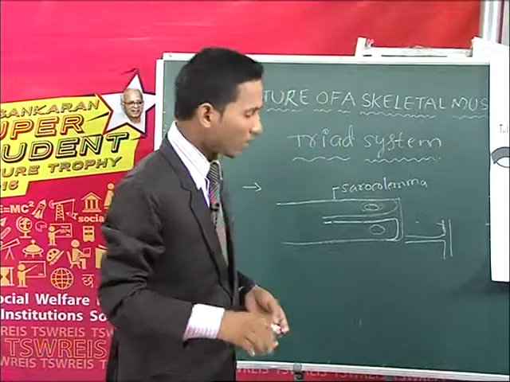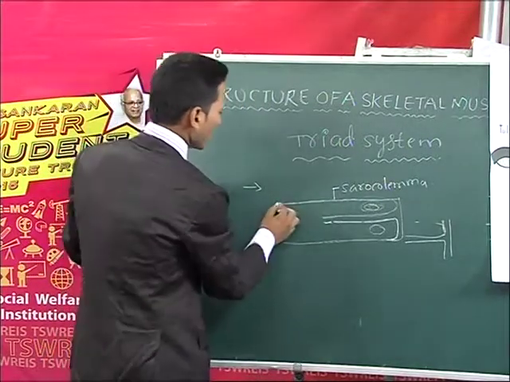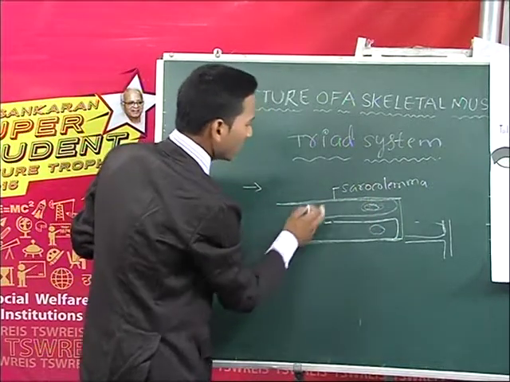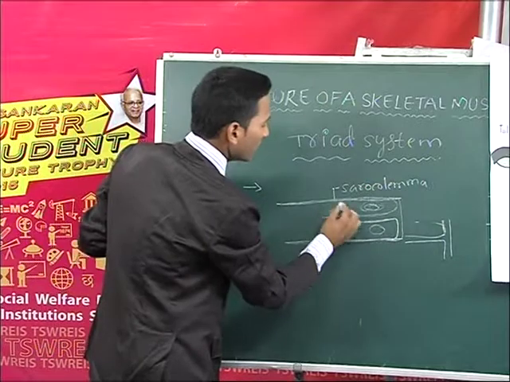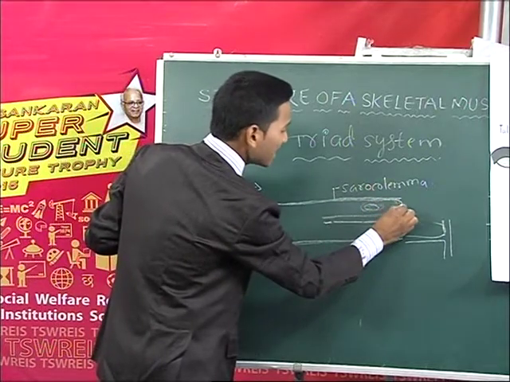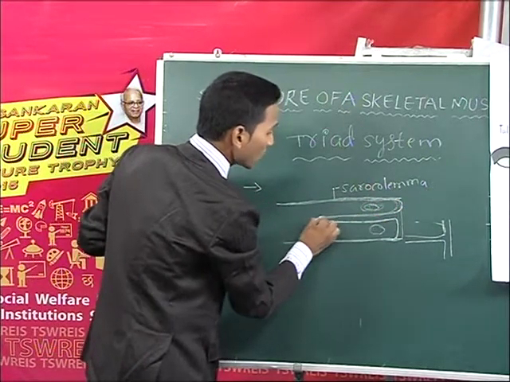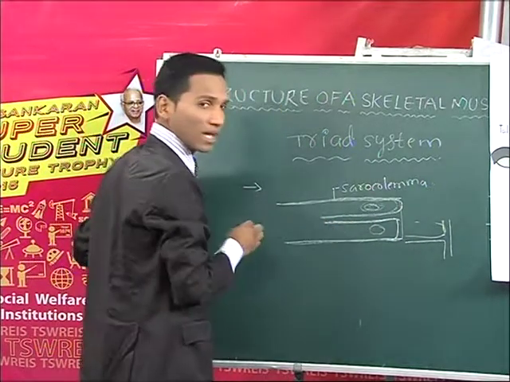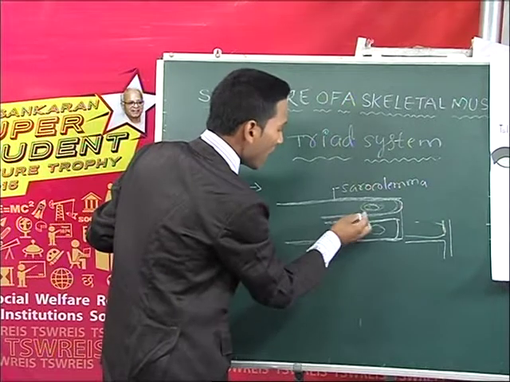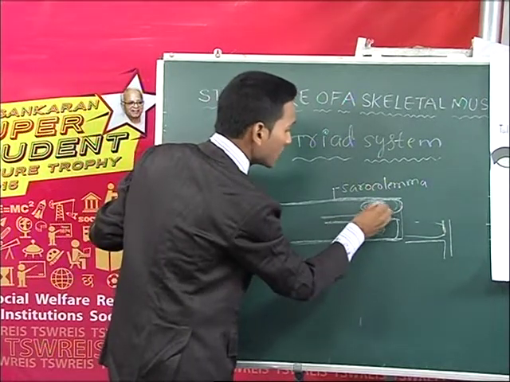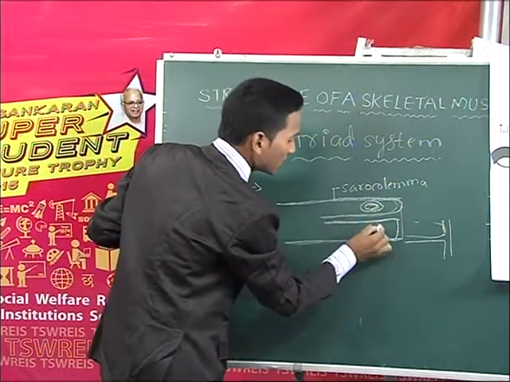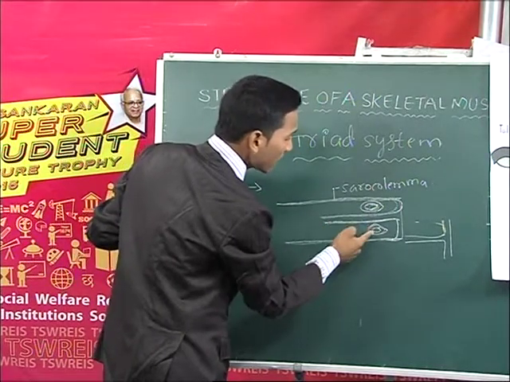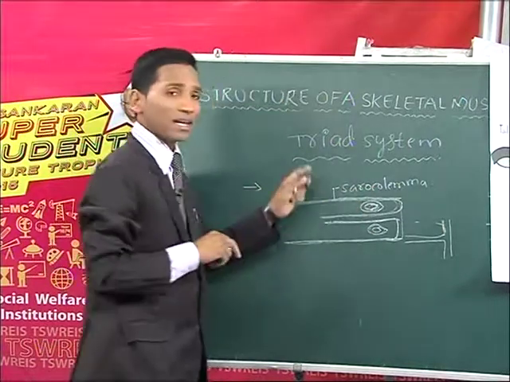Okay, let's see it once more. The muscle fiber is covered by a plasma membrane called the sarcolemma. When the sarcolemma invaginates into the sarcoplasm, it forms a T-shaped tubule. On either side of this T tubule, two cisternae are present. One T tubule and two cisternae constitute the triad system.